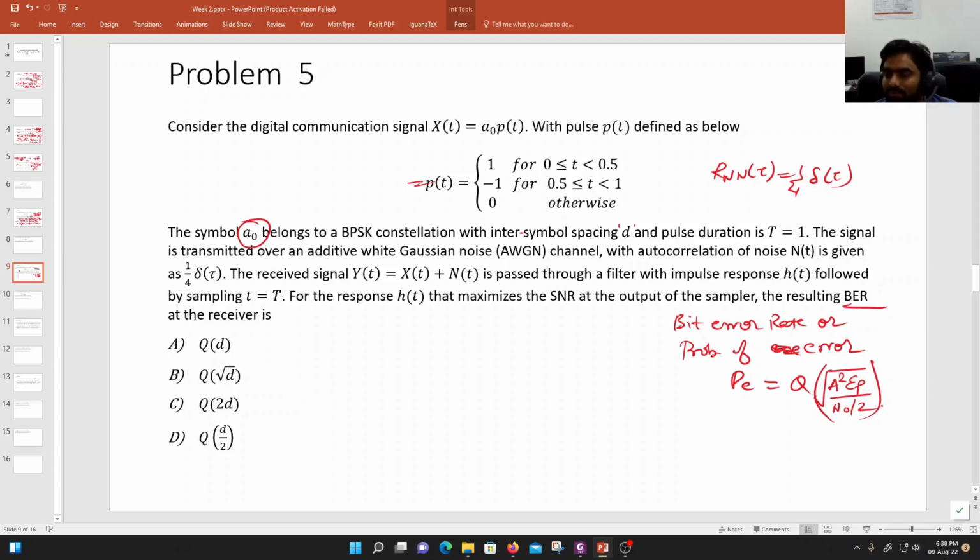Yes, for the general case, where sir has derived the bit error rate for a digital communication system where p of t can change and A naught can change. For this generalized case sir has derived the probability of error, this formula. No need to derive this again. This we have to remember.